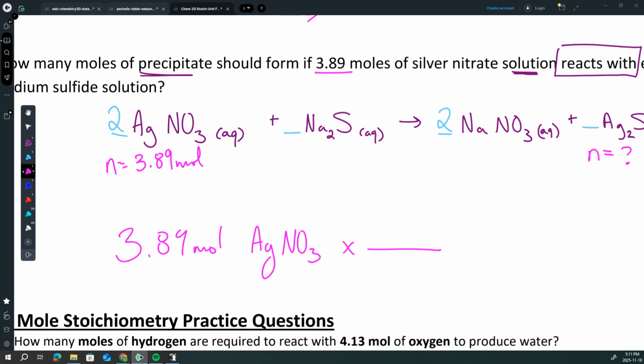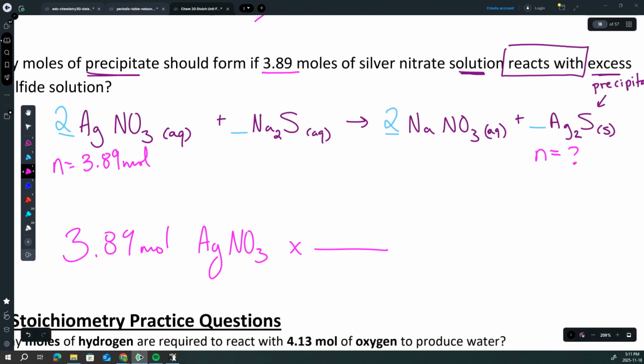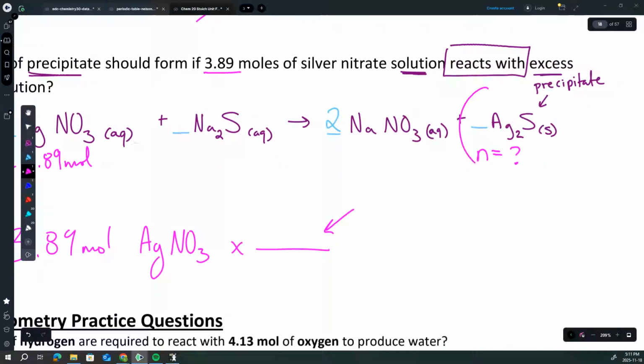Step 3, convert your moles of your known to your moles of your unknown using your molar ratio. So that's what we're doing right now. Okay, so what we want goes on top. We want silver sulfide. So we had a 1 coefficient there. Remember, if you don't write a number in front, there's a little invisible 1 right there.